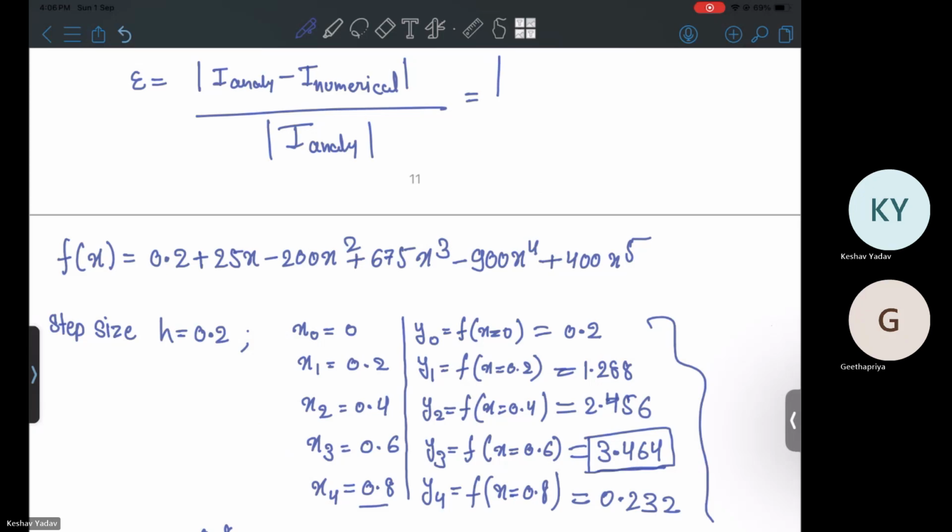So I analytical is 1.6405, minus I numerical, whatever we get, divided by 1.6405.